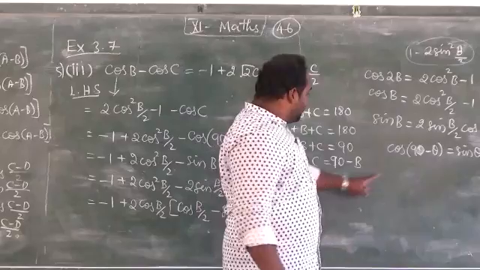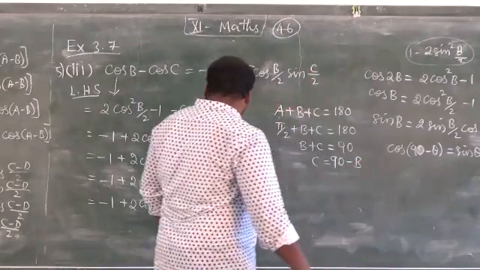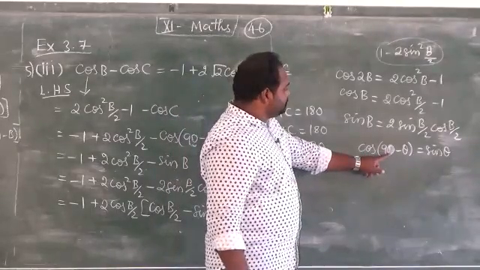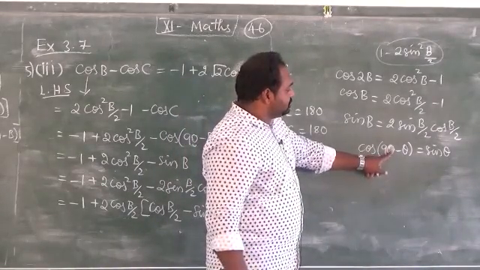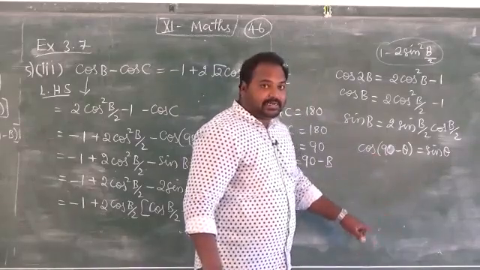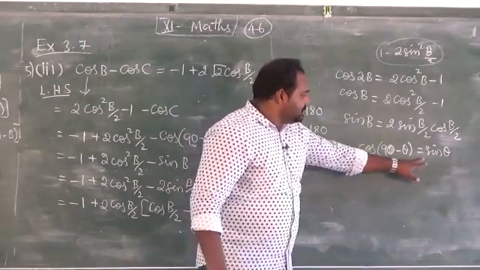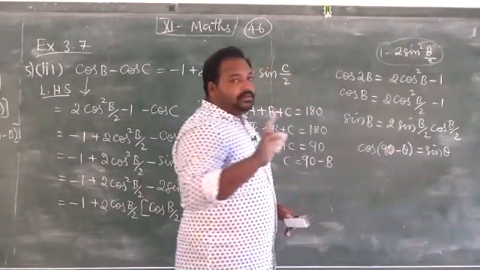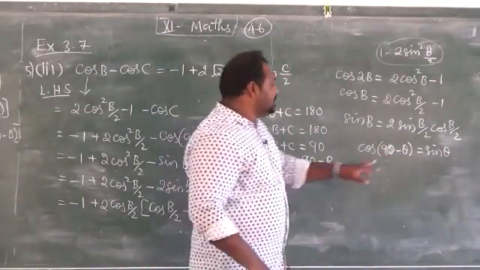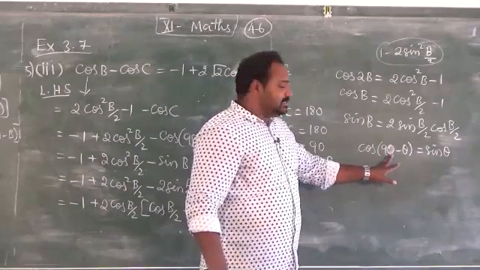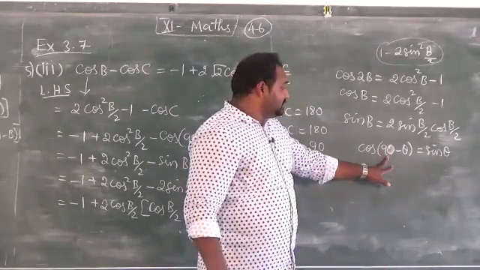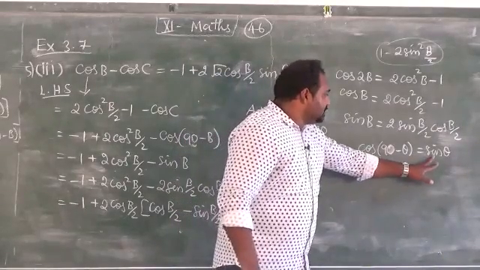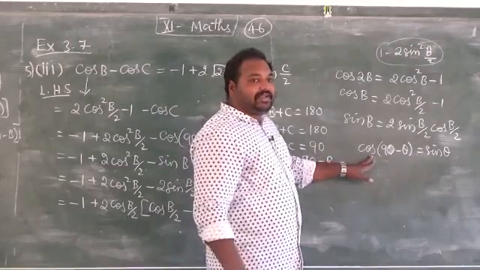Cos of 90 minus theta is first quadrant, there is no sign change. Since we have 90, we have to change the function cos into sin. So sin theta. So sin theta can be written as cos of 90 minus theta.